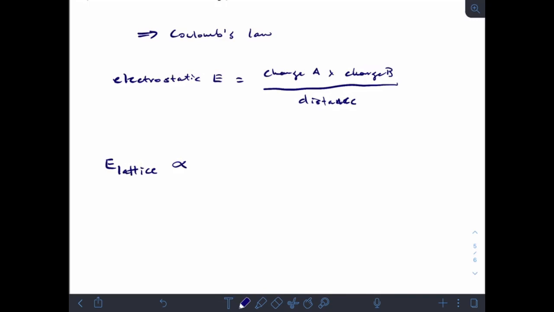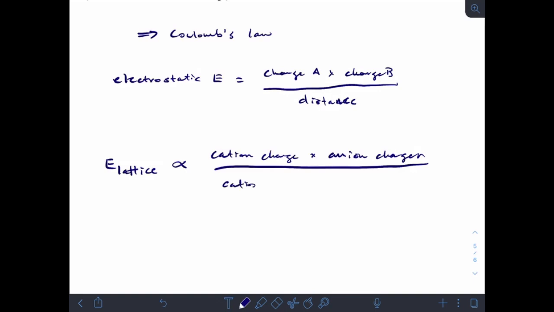In more specific terms, we'll be talking about the cation charge times the anion charge divided by the distance from their atomic radii, so the cation radius plus the anion radius.